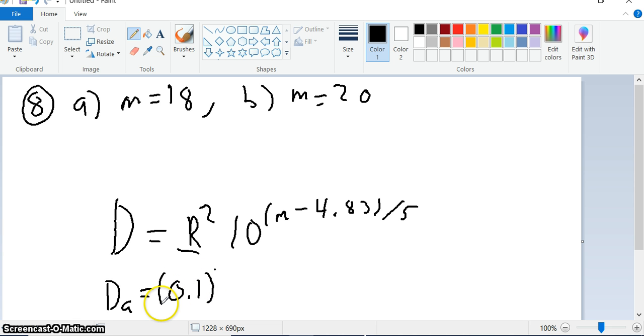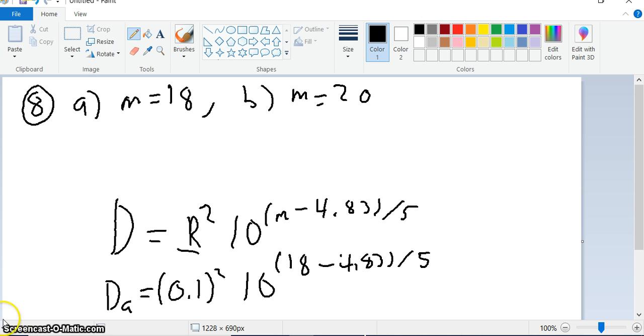We're going to square that, and then 10 to the power of the apparent magnitude that is limiting our telescope, which is 18, minus the 4.83. Remember, that's the absolute magnitude of our sun, and then divide by 5. All right, so when we do that, here's what we get. Let's see, what did I get?